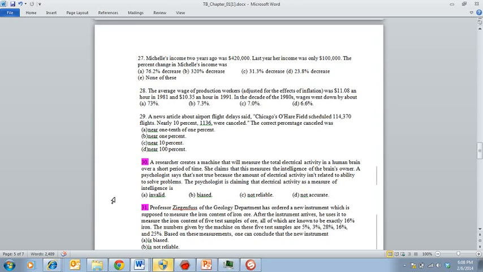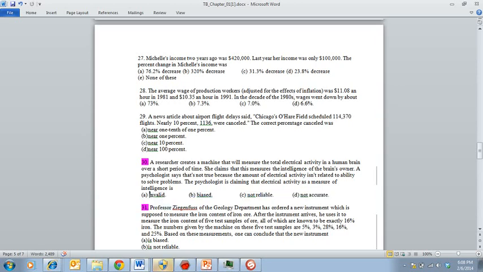The psychologist is claiming the electrical activity as a measure of intelligence is invalid again because it's not measuring the ability to solve problems. It's measuring the amount of electrical activity, and those two aren't related. So that is definitely invalid.